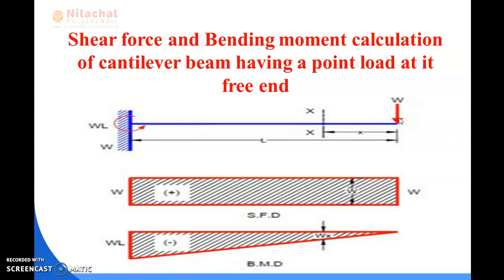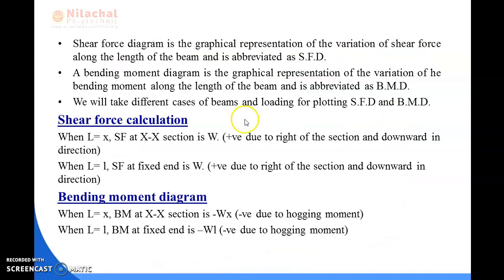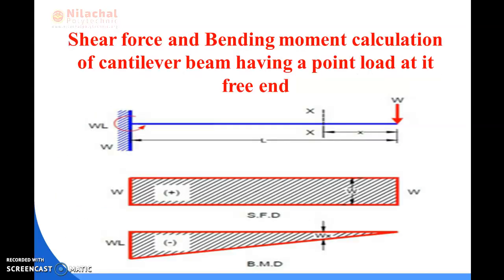Now comes the first calculation of the shear force. Here we have to take two cases. The first case is where L equals X, that means the length equals X, which is the distance from the free end to the cut section XX.